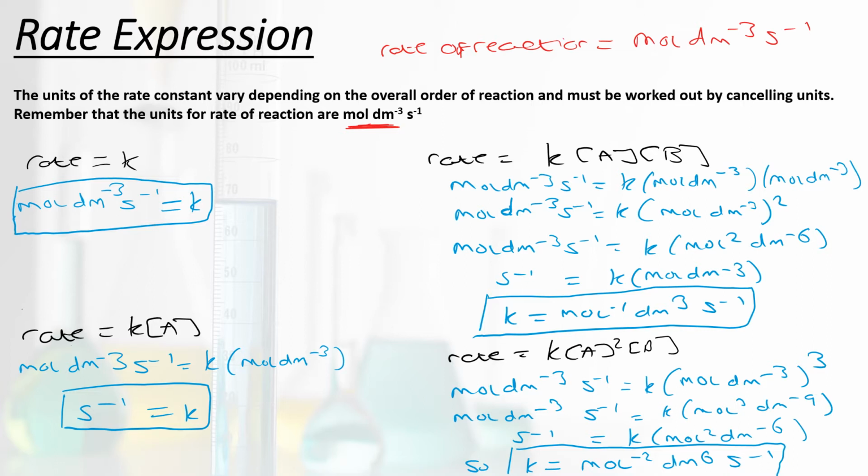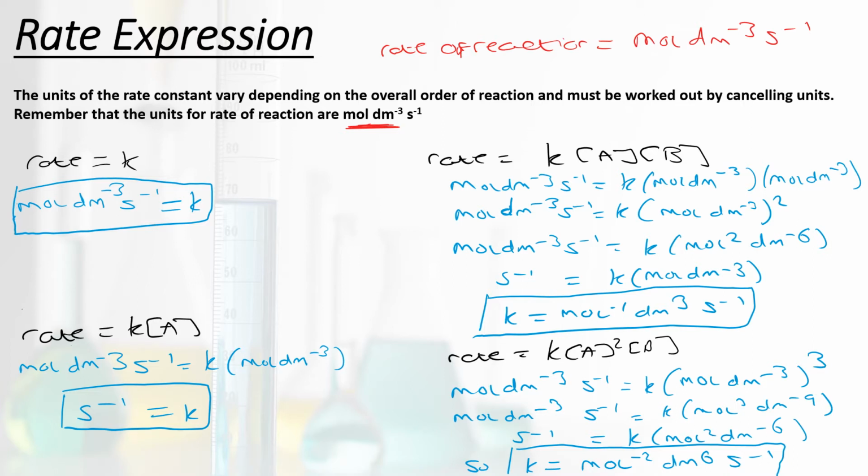We can then cancel out a mole per decimeter cubed on each side, or we can expand out our brackets and end up with mole cubed decimeter to the minus 9. Whichever way we do it, we can eventually cancel out one set of mole per decimeter cubed, and we end up with per second on the left-hand side, and the right-hand side being k mole squared decimeter to the minus 6, essentially 2 lots of mole per decimeter cubed.